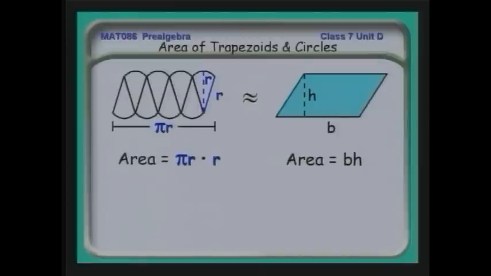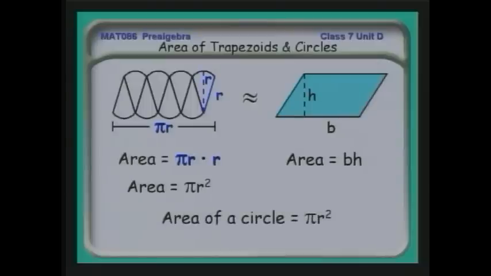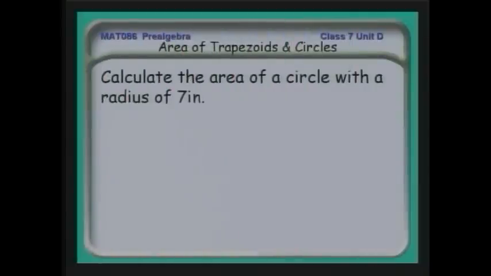Base times the height. That's pi r, the base, times r, the height. And so it looks like by fooling around and cutting that circle up into pieces, we've seen the area of that circle is pi r squared. Again, write this down. And now let's calculate the area of a circle with a radius of 7 inches.